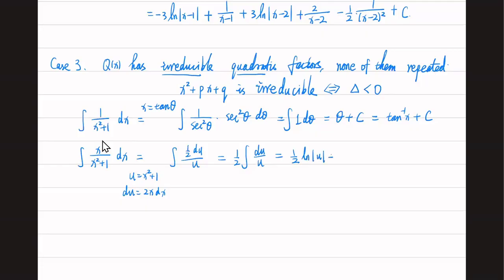Ln u plus c. In this case, we go back to x, it's 1/2 ln of x squared plus 1. Because this is positive, you can drop the absolute value.